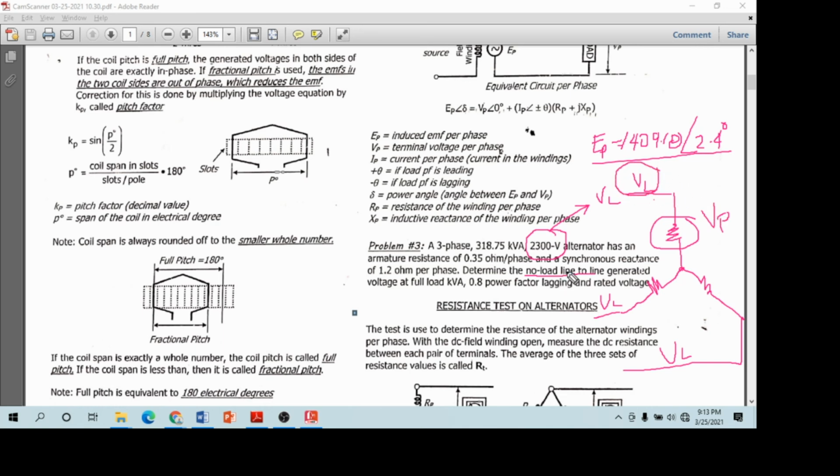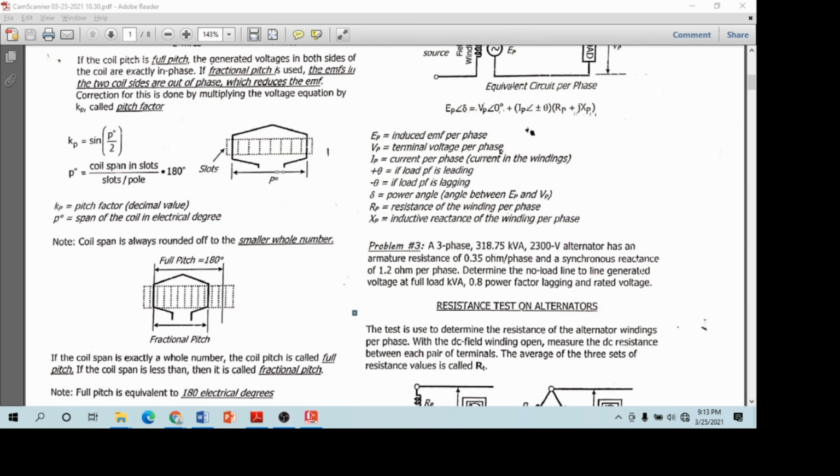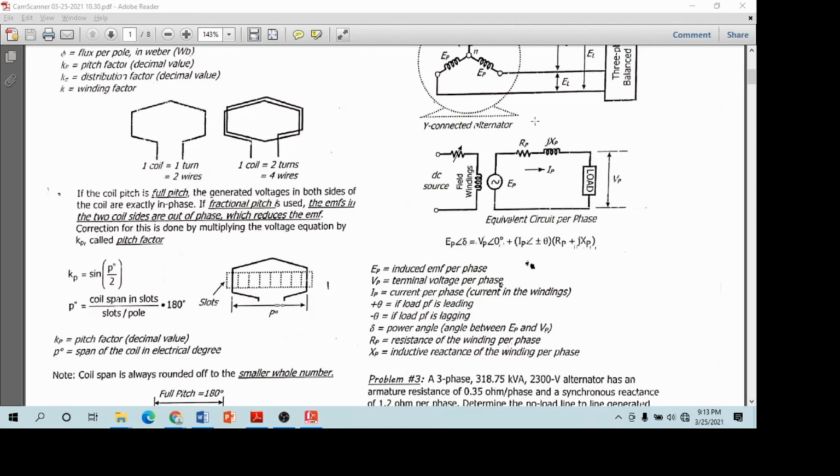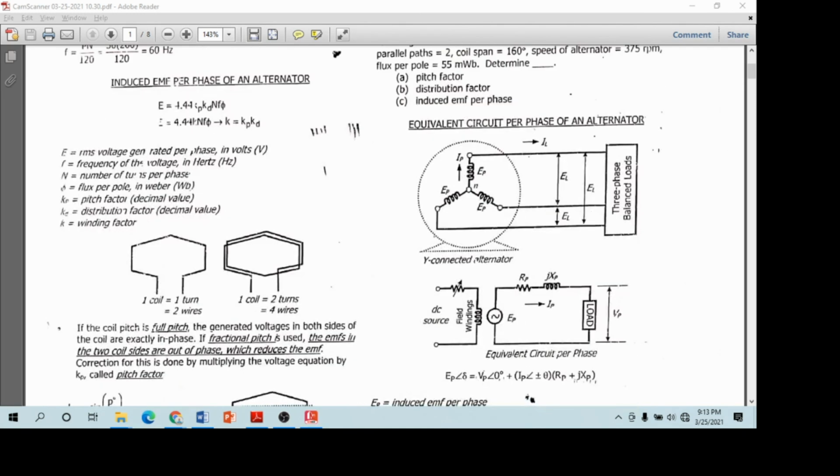So this time, what is asked in the problem is to determine the no load line to line voltage generated at full load kVA. So it is exclusive only to this one.